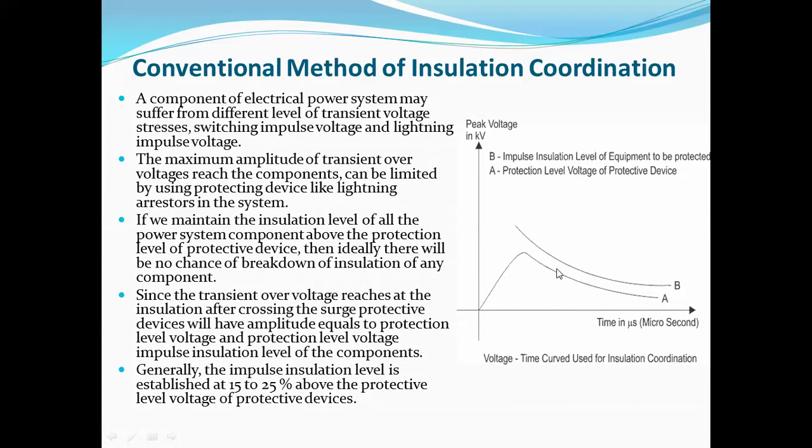Means the insulation level has a higher value of voltage, 15 to 20% above the protective level voltage of the protective devices. The insulation will have some more value than the actual value of that line or device.